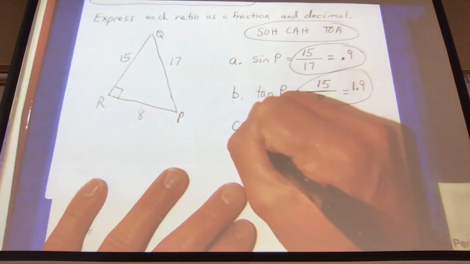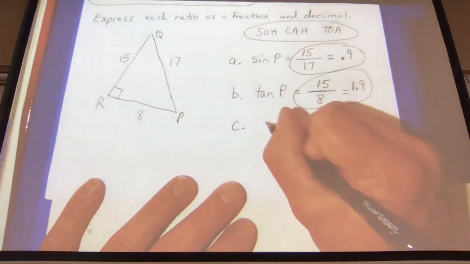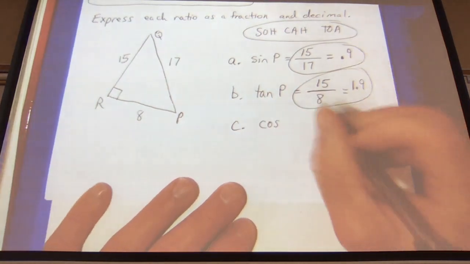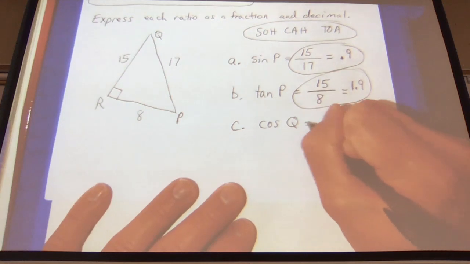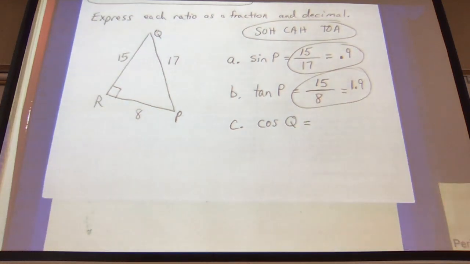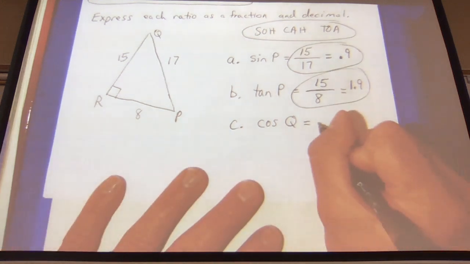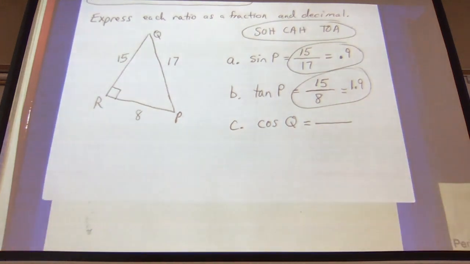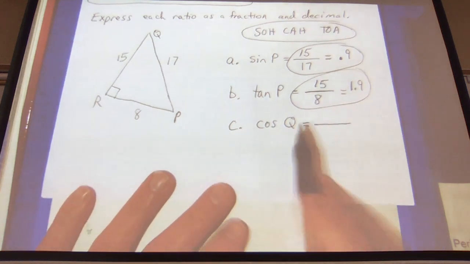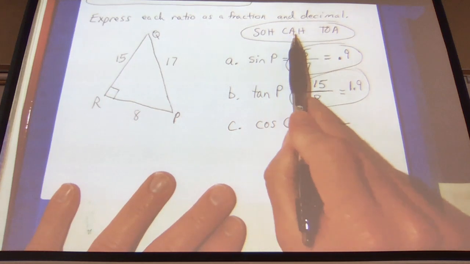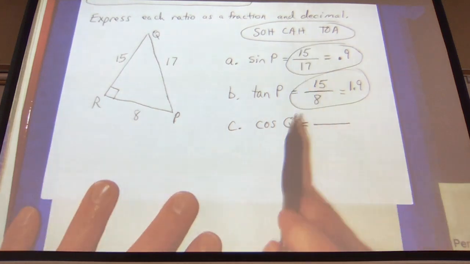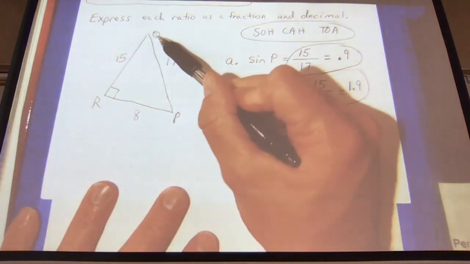Let's try one more together. Let's go to the cosine of angle Q. We're going to mix it up a little bit this time. Instead of going from angle P, we're going to go from angle Q. And same deal, we're going to get a fraction and a decimal. For cosine, if you go back to SOH CAH TOA, cosine is adjacent over hypotenuse. So we're going to go to angle Q. Here's angle Q at the top.